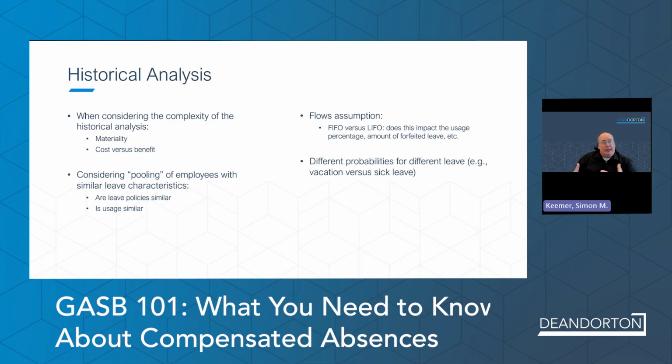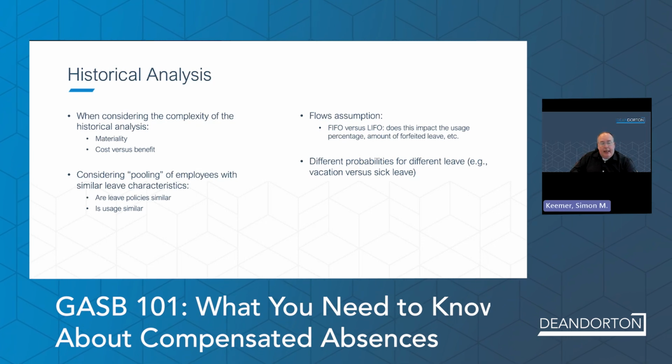So when you're considering what is the complexity of the historical analysis I need, one of the things you can do is consider pooling of your employees with similar leave characteristics. So are leave policies similar, and is usage similar? So for example, in a higher ed world, could you do a split between my faculty versus my administrative employees? Do I do an analysis by department, or by school, or by location?